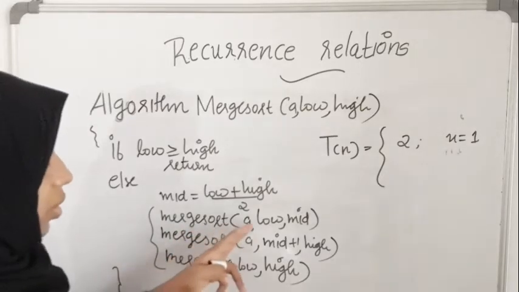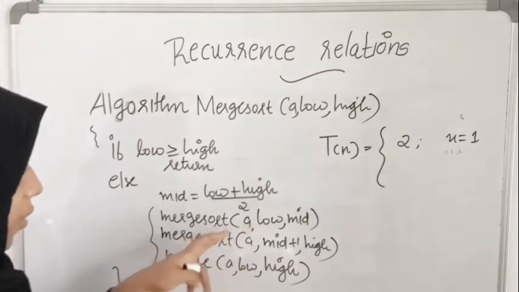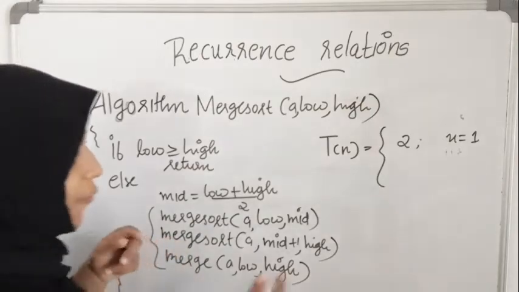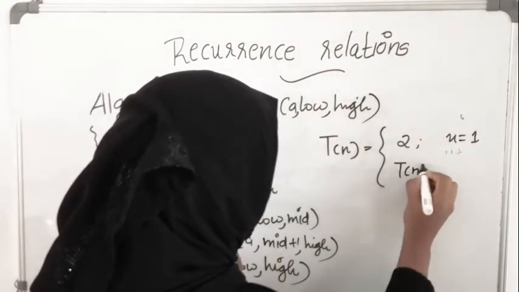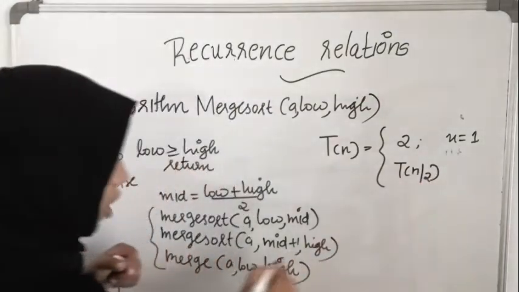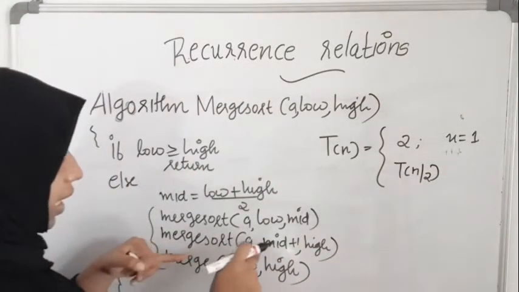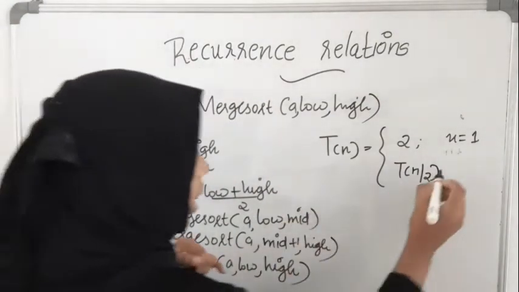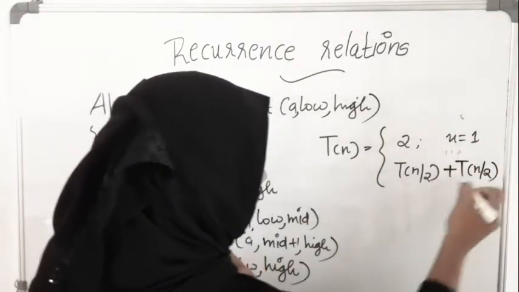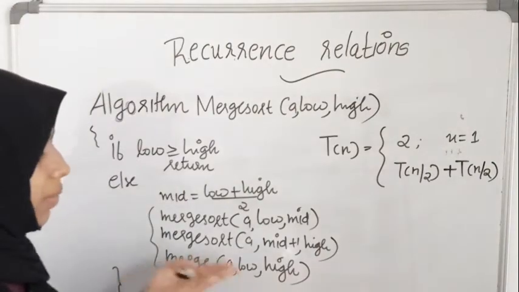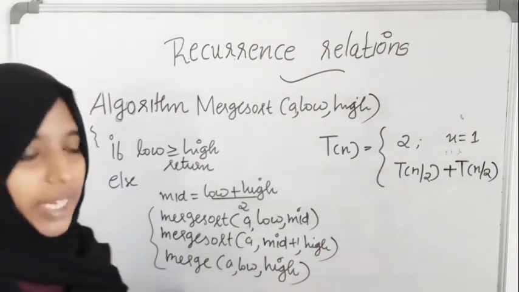That is merge sort A, low, mid. You have to sort the first half of the array. So the time required is T of n by 2. That is, you are sorting half of the array. Merge sort A, mid plus 1, high. You are sorting the second half of the array. So you will require T of n by 2 units of time because you are taking half of the array there.